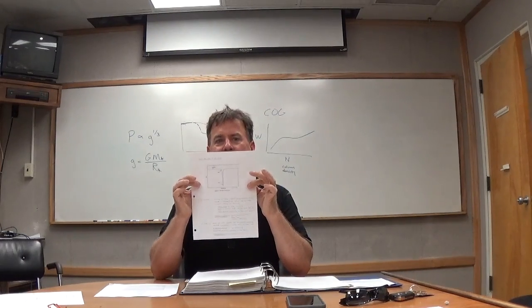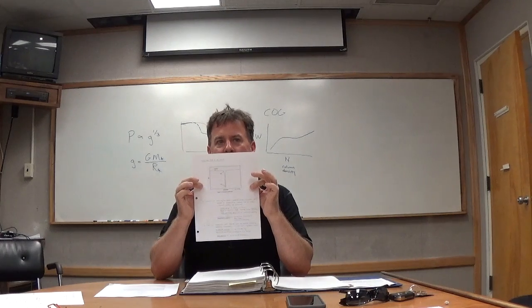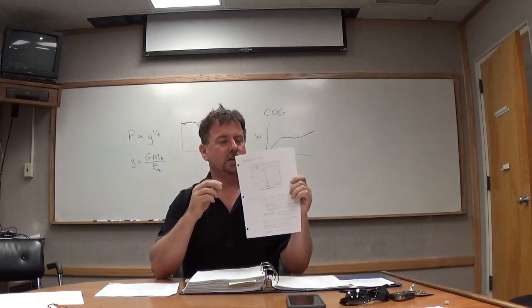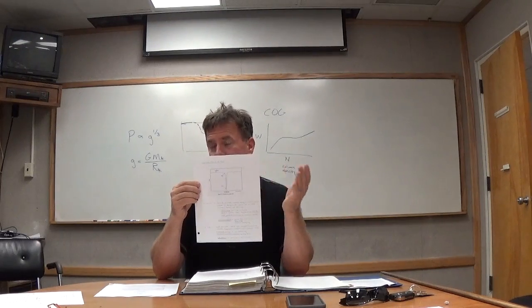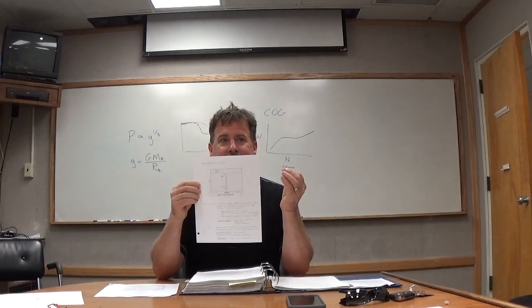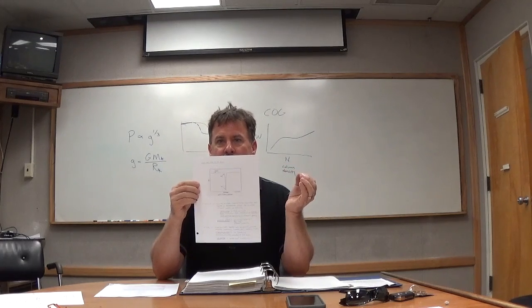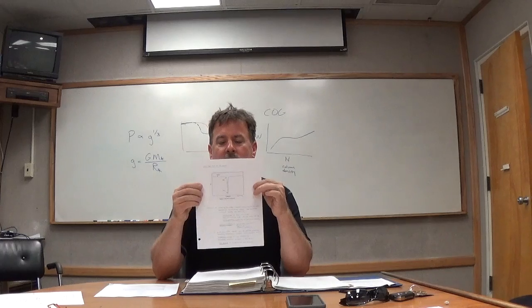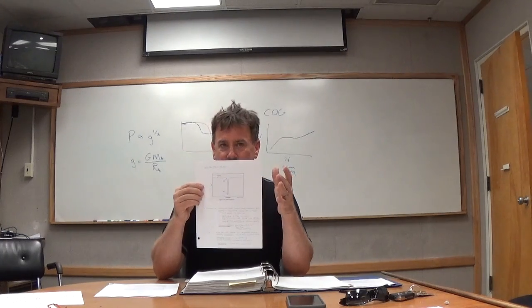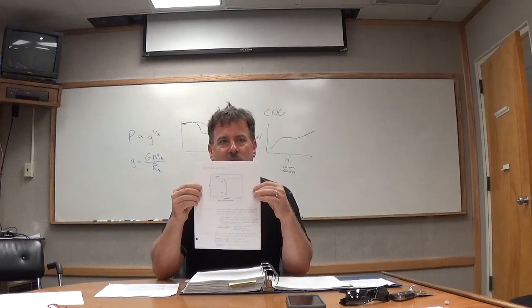I've already drawn a couple pictures on the board. This is a picture of a typical absorption line with a continuum. The anatomy of an absorption line: it has a core, it has wings, and it has the continuum on both sides of it. Now the reason I'm bringing up those words is because we're going to be saying those words throughout the semester.